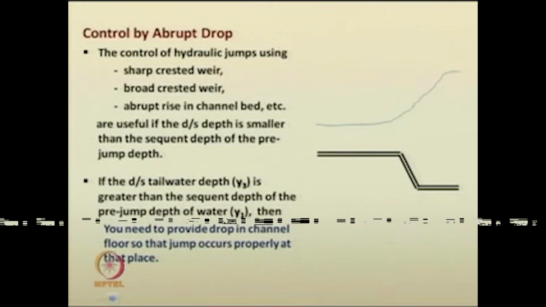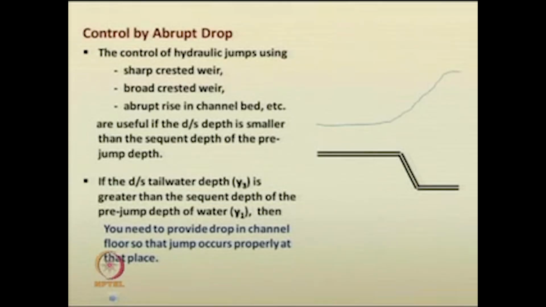Next, the topic which we are interested in is control of jump by abrupt drops. As you have studied in the abrupt rise case, similarly abrupt drop cases are also used for controlling various hydraulic jumps. For example, just recall the sharp crested weir, broad crested weir as well as the abrupt rise in channel bed.